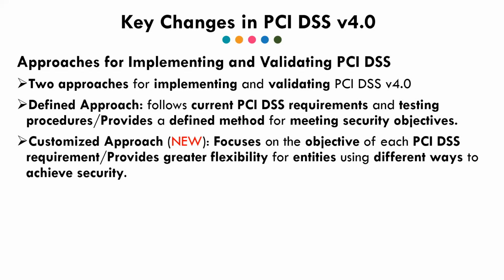so let's say you are using a legacy system, an old computer or an old system that does not support a password of 12 characters. And now we are implementing the new PCI version 4. So the requirements state that you are supposed to implement a password that is 12 characters.